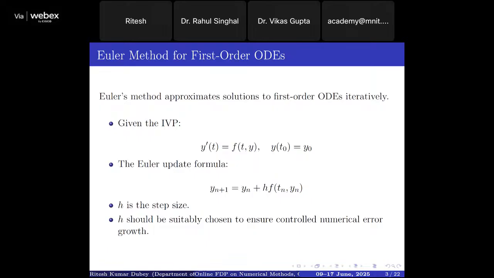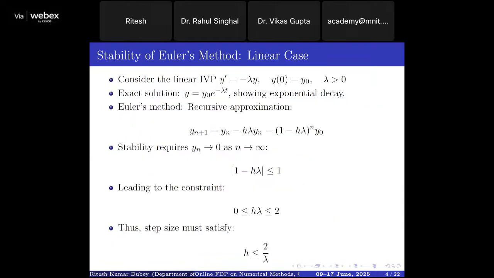We are going to discretize the whole interval from small t naught to capital T, and divide it into n parts such that each part is of size h. It is important to consider conditions on the step size. Specifically, the choice of step size becomes more important when you are using the Euler explicit method.